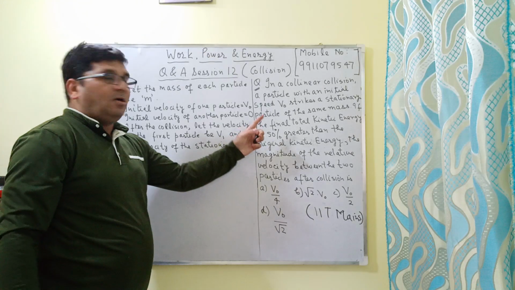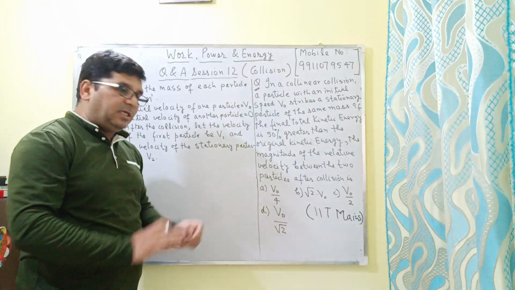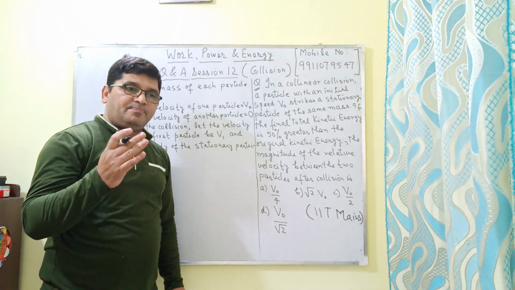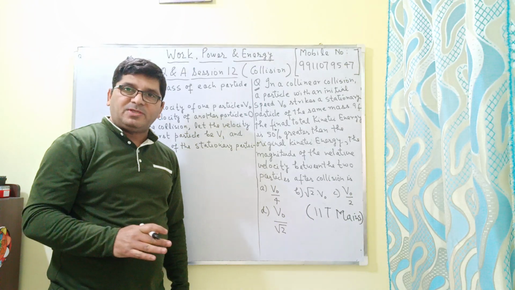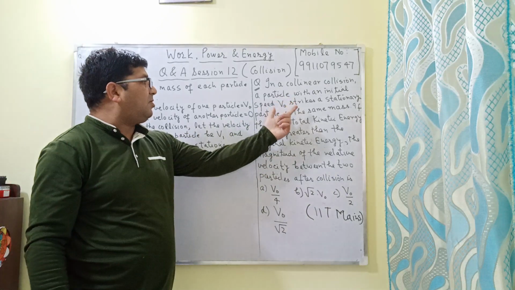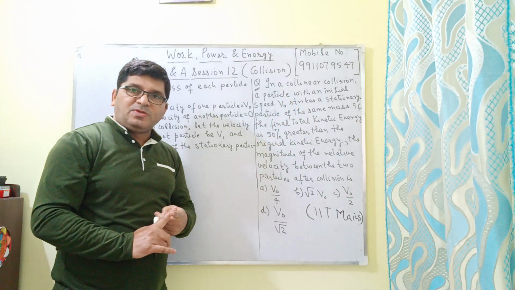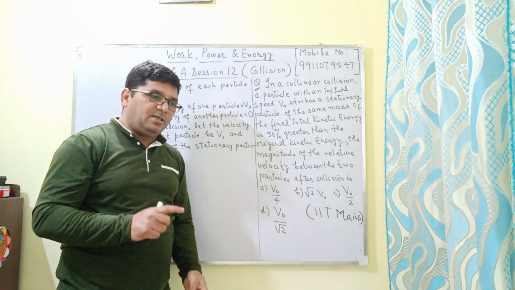Now in any collision, as I have just told you, the total linear momentum is always conserved, whether it is an elastic collision or an inelastic collision. What is the main difference between the elastic collision and the inelastic collision?